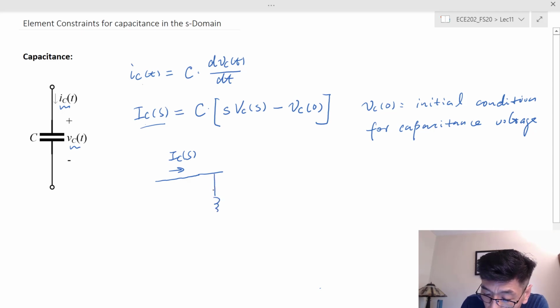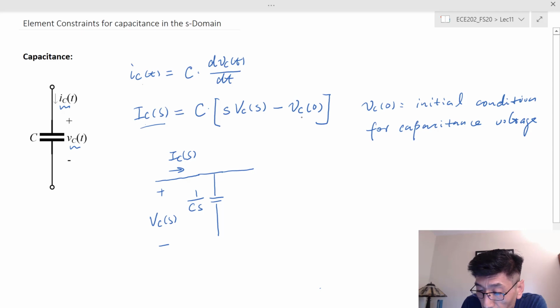One is, not the inductance, one is 1 over Cs, so this is V sub C(s) divided by 1 over Cs, so this is the total V sub C(s), and I'll have another component, negative C V sub C(0).